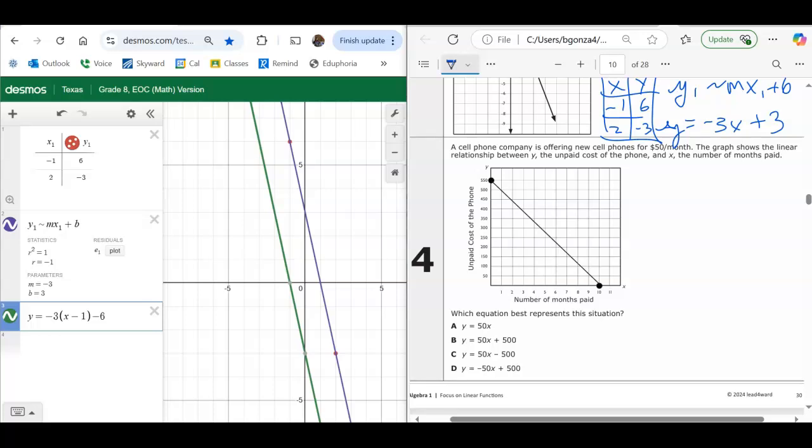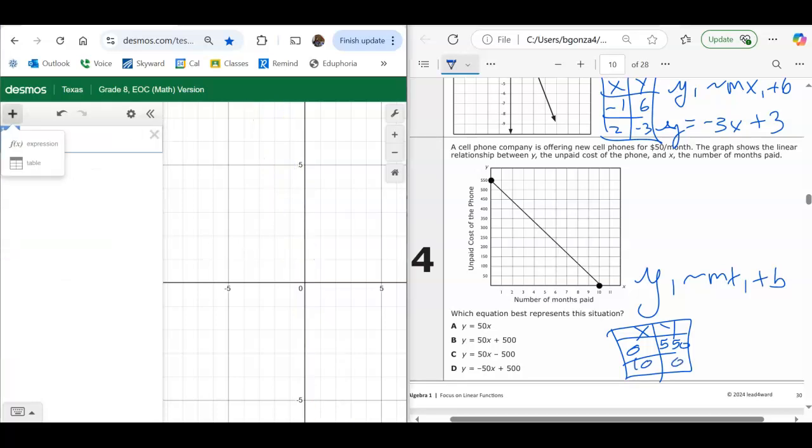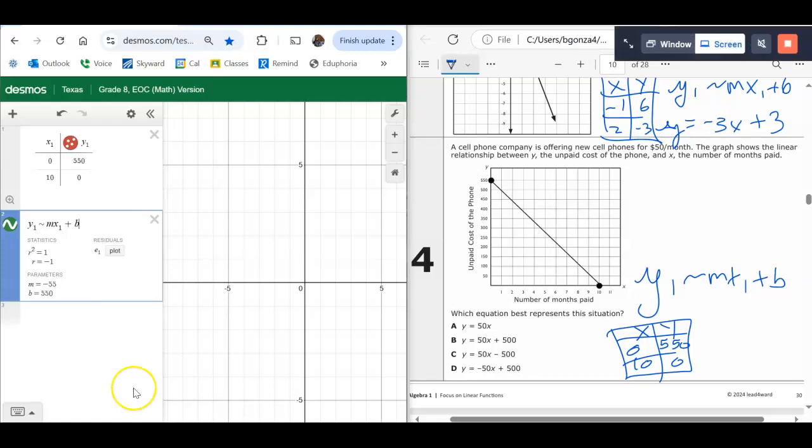Last one real quick, and this one's kind of weird, but we're going to, again, do y1 squiggle mx1 plus b, but you need a little table. Can you make a little table out of this? 0, 550, and then 10, comma 0. y1 squiggle mx1 plus b.